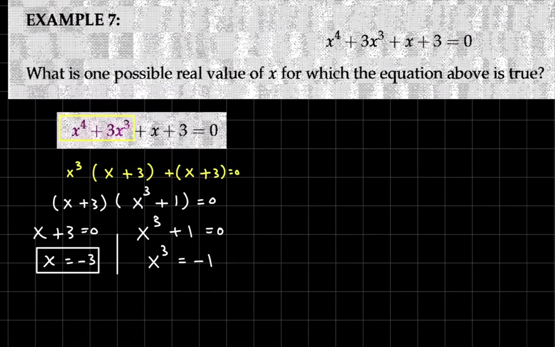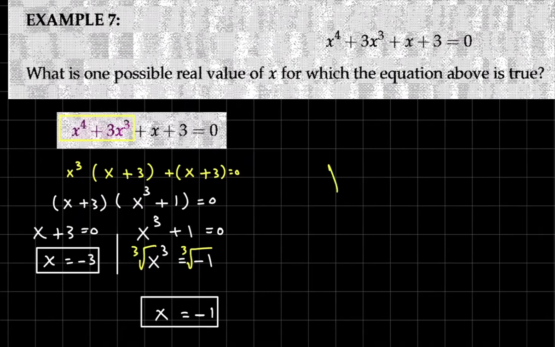We can take the cubic root for both sides. So the cubic root will cancel the cube, and this one is going to be x. And here, what is the number? If you multiply it by itself 3 times and get -1, the number is -1. So the two real values for x are x equals -3 and x equals -1.